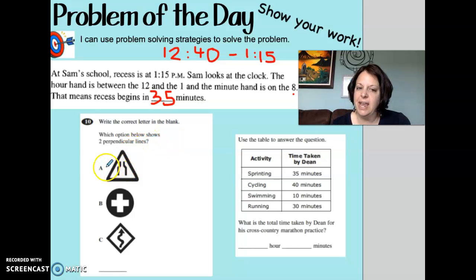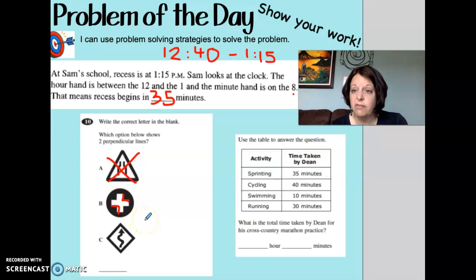Okay, so we know that there's no perpendicular lines there at all. No, not on the triangle, not in the center. Nope. If we look at B and C, I'm thinking, this is where I might need to explain my answer a little bit more. Because B, I can see some perpendicular lines there, and then around the cross sign there, right?